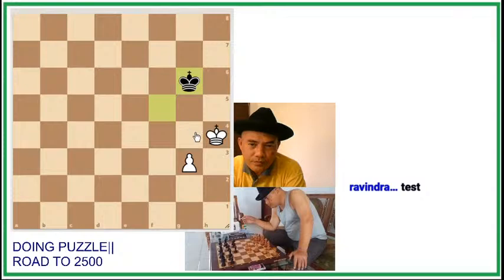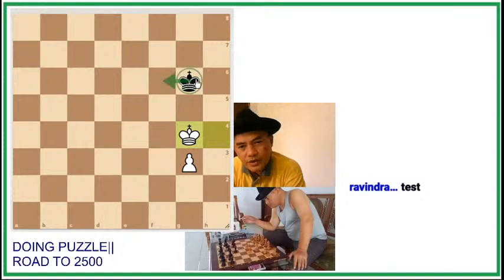So white will get the opposition, and this is a winning position for white, because black is put in zugzwang. He has to move either to the left, to the right, or even retreat his king to the seventh rank. When he retreats his king, he leaves these three key squares. So the best move may be to the left.